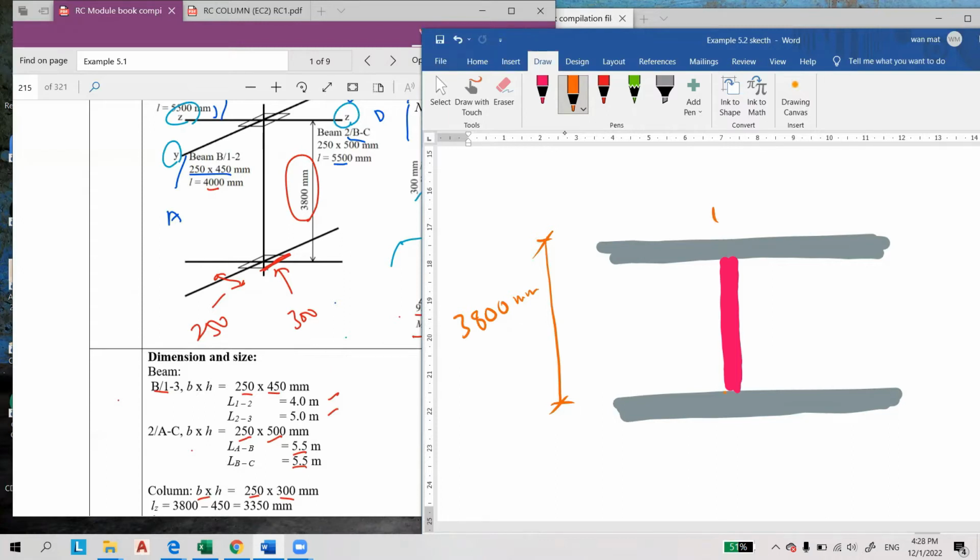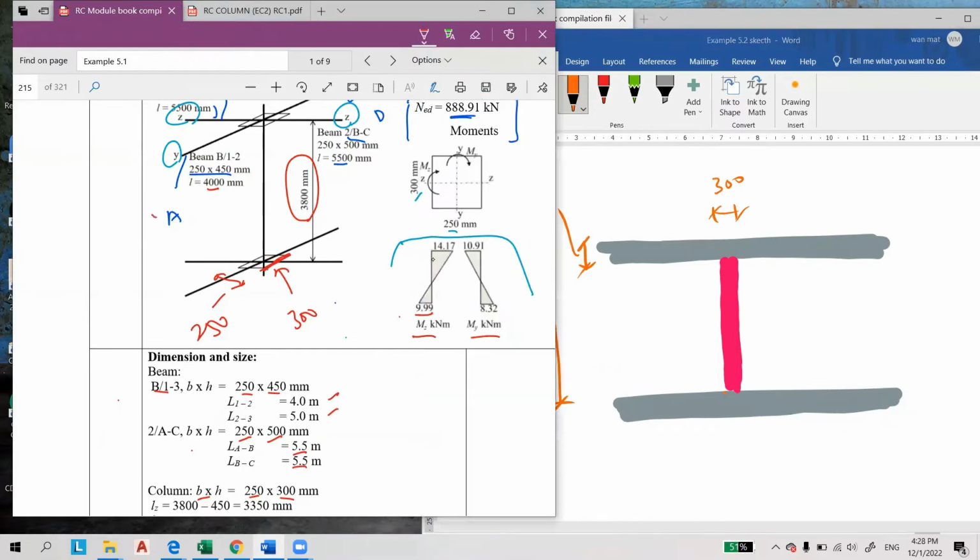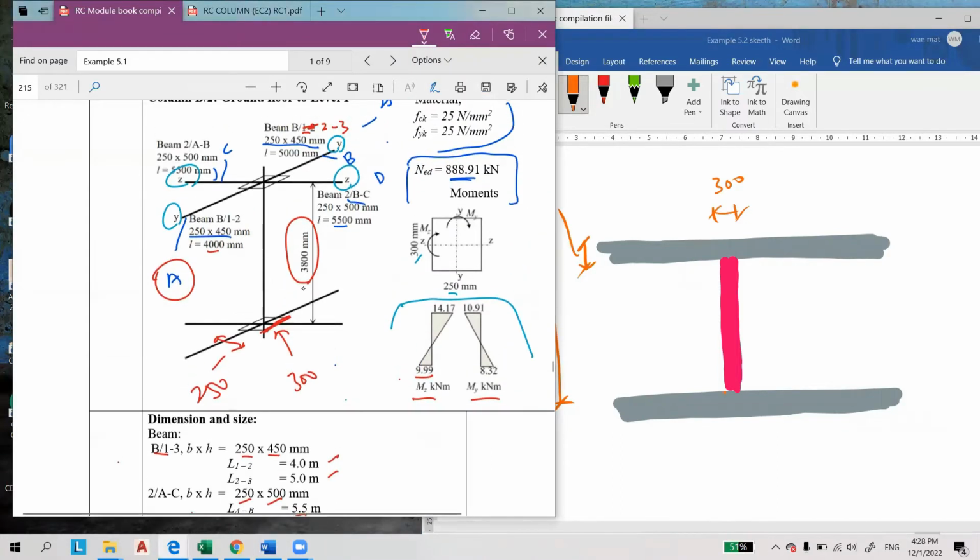Here the column is 300, and then what is the depth of the beam? The depth of the beam is 550 because this beam is here, beam A and beam B, along the Z axis.